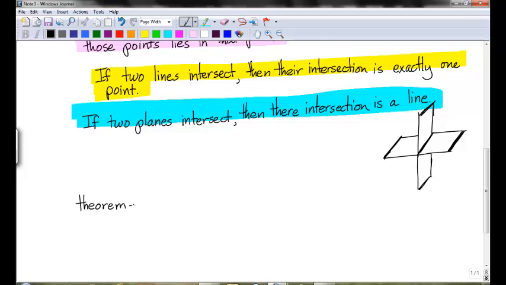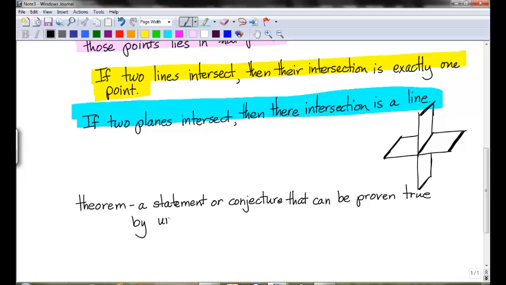A theorem is a statement, or a conjecture, that can be proven true by undefined terms, definitions, and postulates.